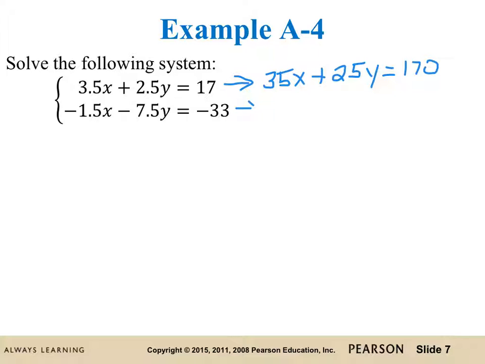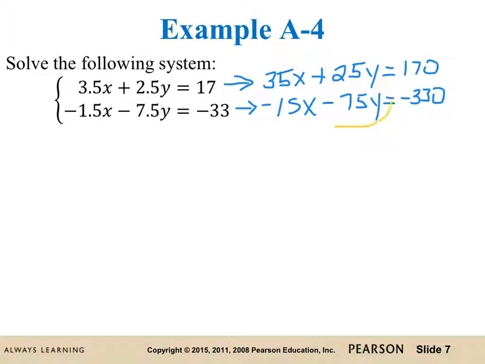And the second equation changes to negative 15x minus 75y equals negative 330. Now, if we just add those two equations together, that doesn't help us much.